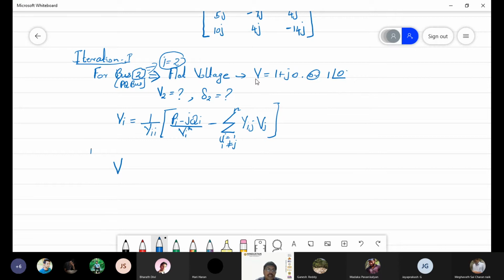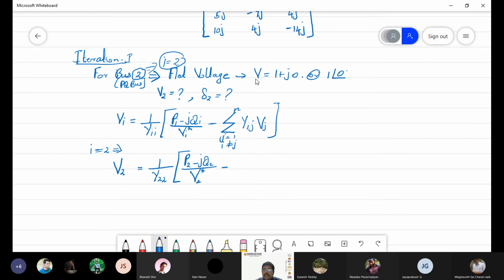Therefore here once again I am writing i is equal to 2, since it is bus 2, right? Therefore V2 is equal to, you can write 1 divided by Y22, since i is equal to 2, right? And just open the bracket. Here P2 minus jQ2 divided by V2 star, right?